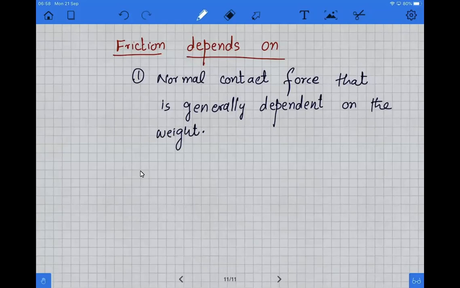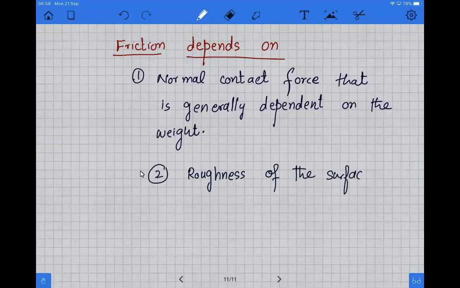This is the fact. And the second factor on which sliding or rolling friction depends is the roughness of the surfaces being in contact.